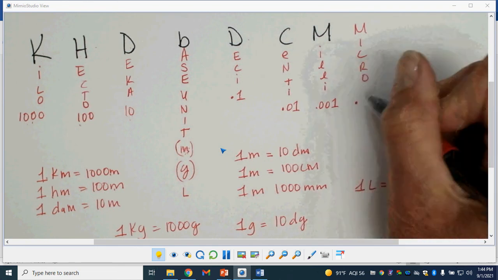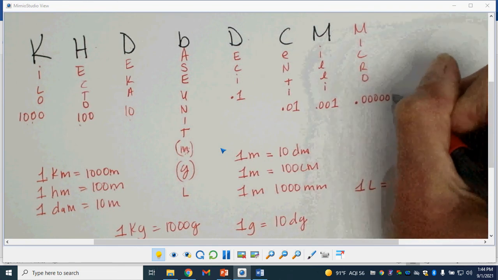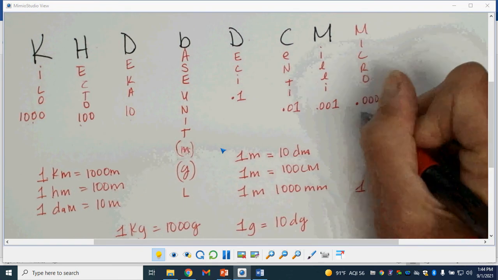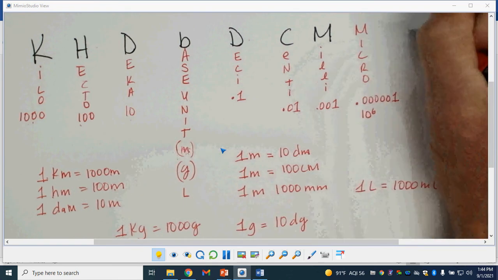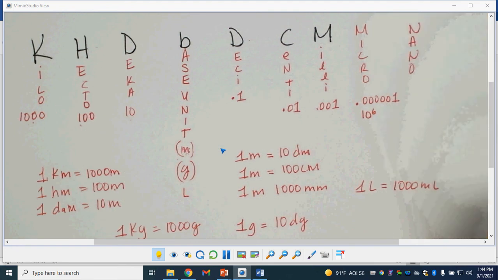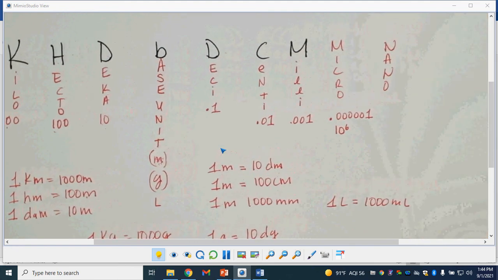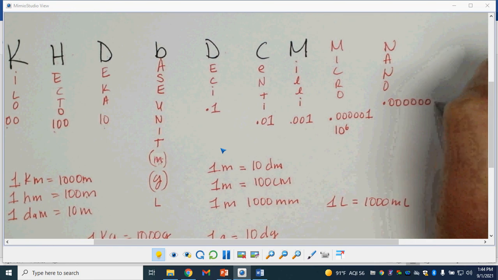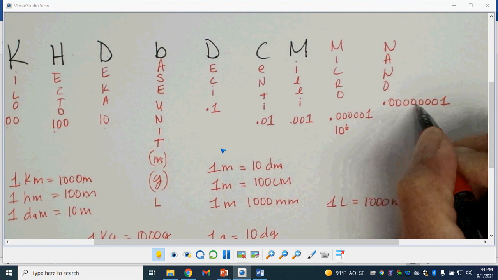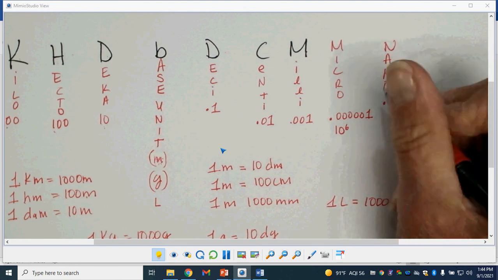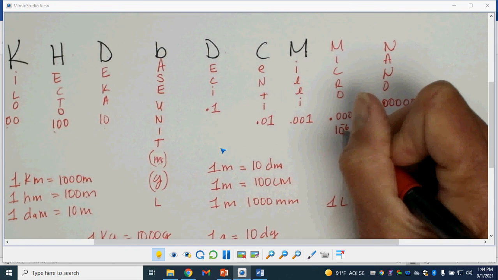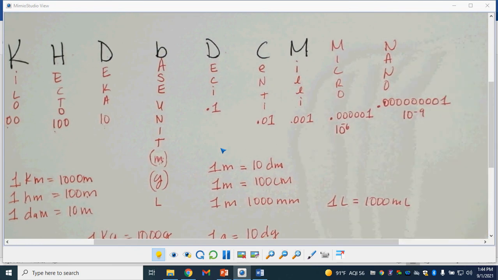So that's going to be 0.000001, or 10 to the -6. And nano means a billionth, so 0.000000001. Nano is times 10 to the -9.